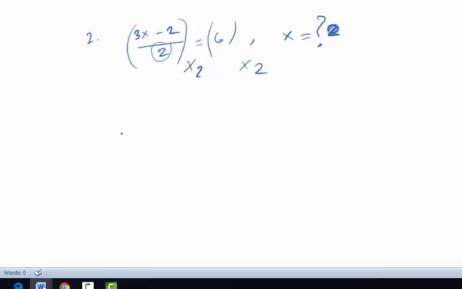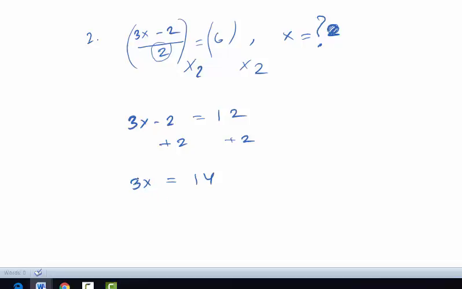So this 2 and this 2 are gone. You get 3x minus 2, and 6 times 2 is 12. Then we can add 2 to eliminate the 2 from the left side. Then we get 3x equals 14.